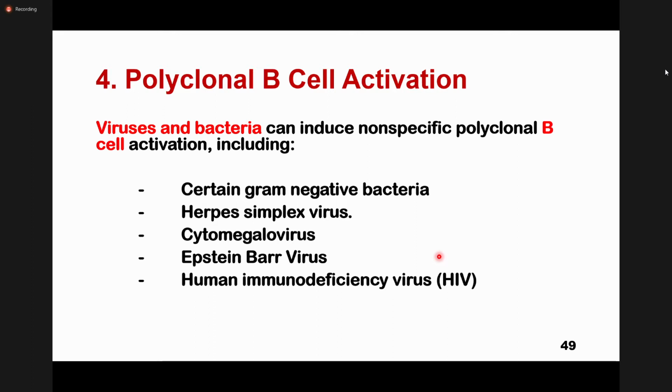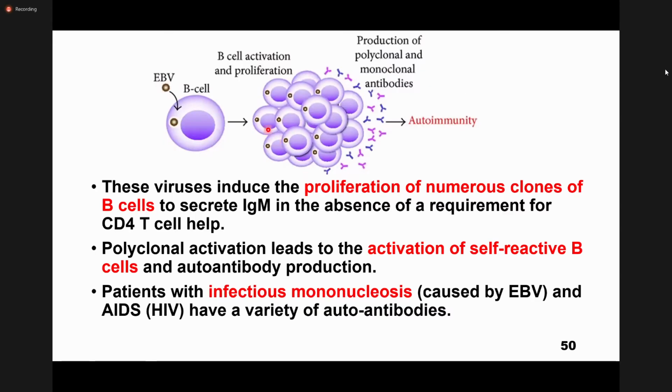So those viruses and examples are here, those viruses that cause polyclonal B cell activation. When I talk to you about proliferation and differentiation, you see here, a virus affecting your B cells somehow makes them proliferate and differentiate non-specifically, producing different polyclonal antibodies, which will cause you autoimmunity, okay?